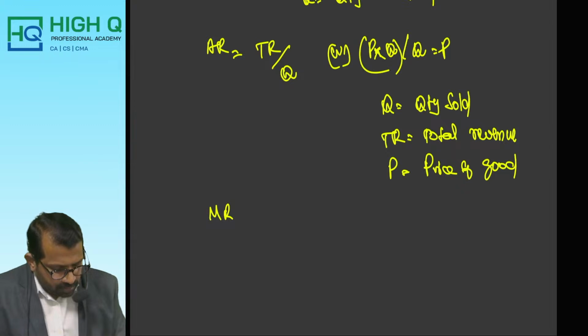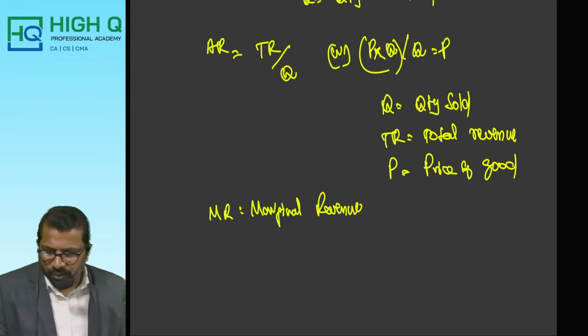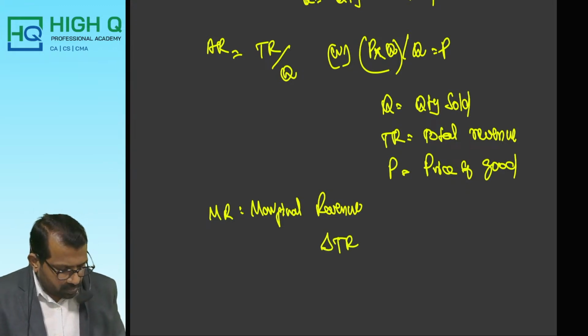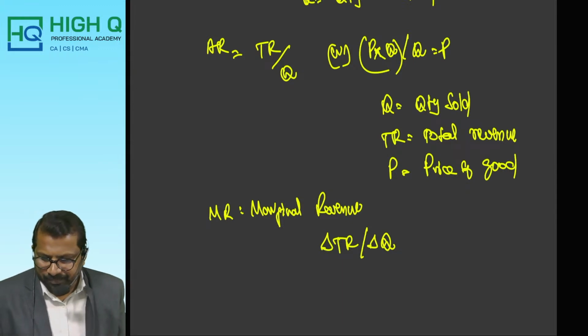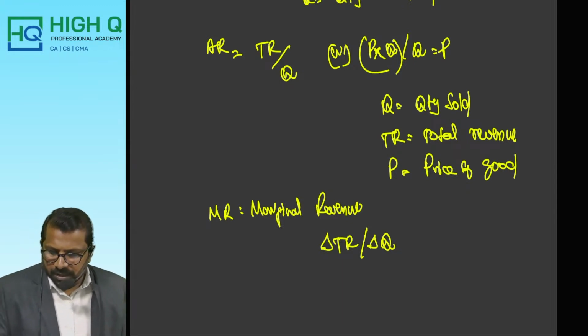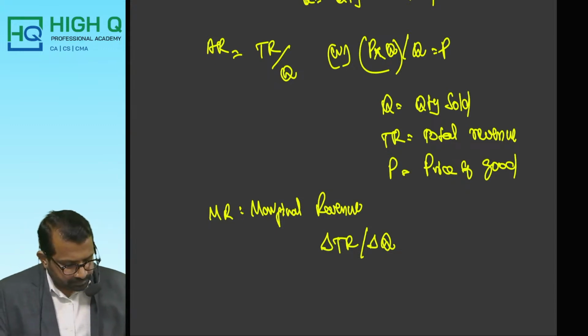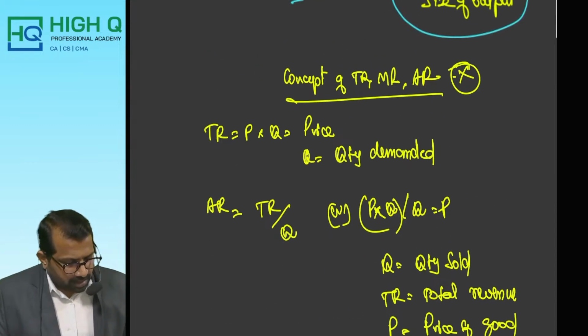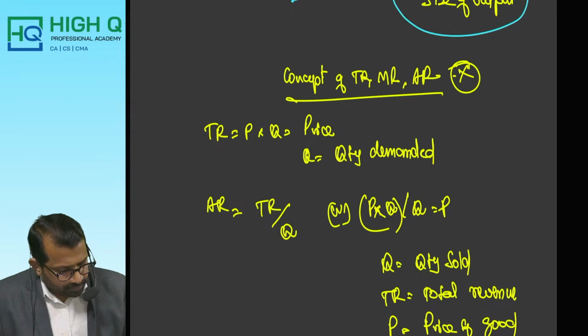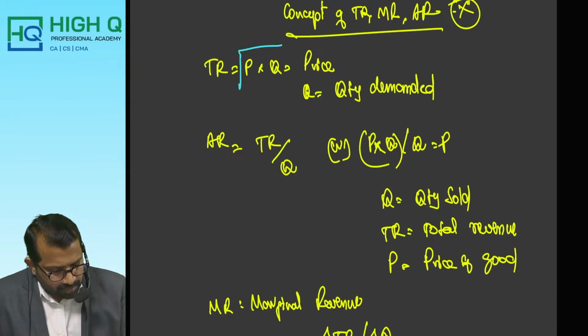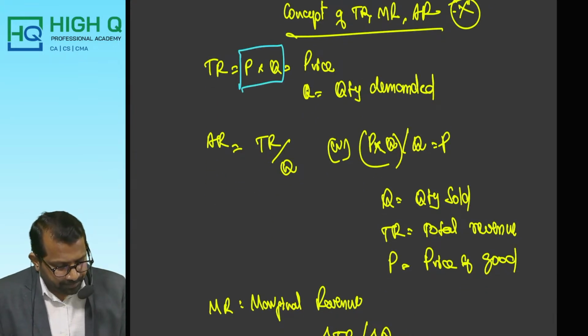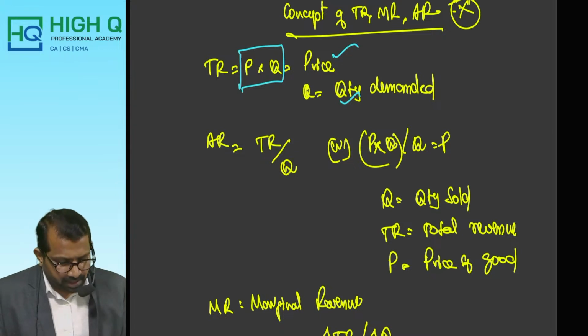Marginal revenue, MR, is the change in total revenue divided by the change in quantity. From an examination point of view, total revenue is price into quantity demanded.